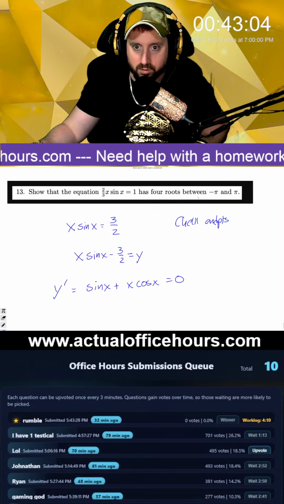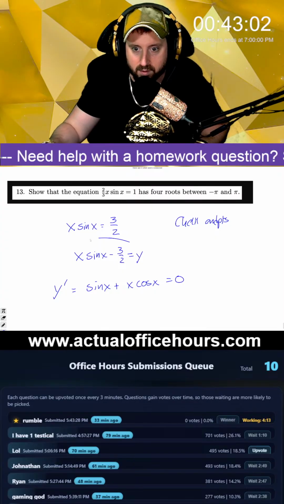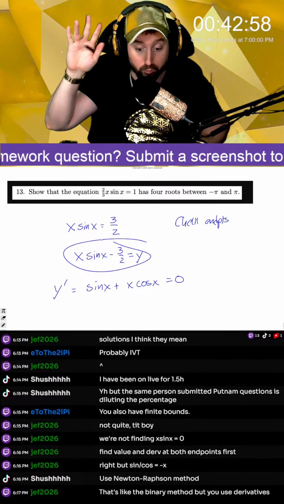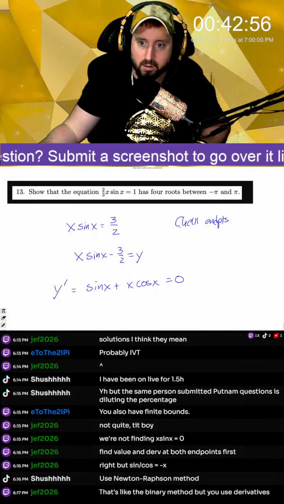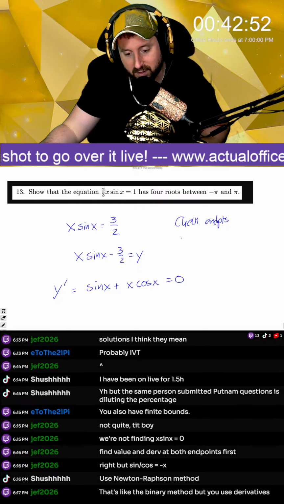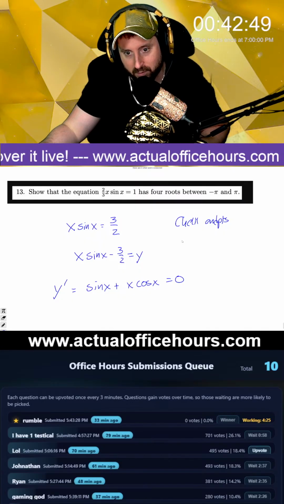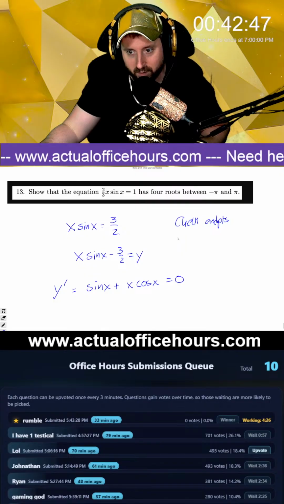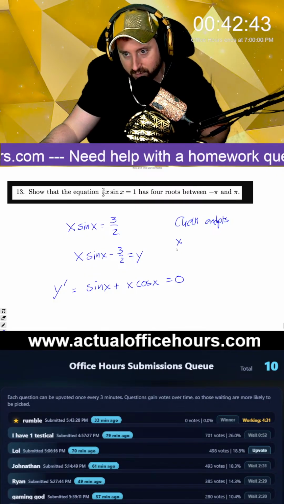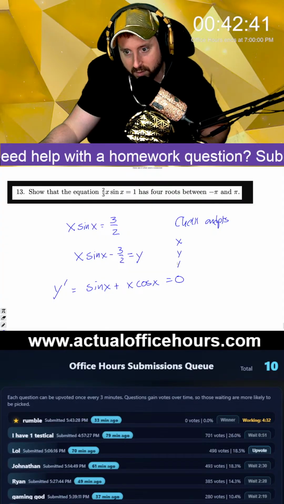Okay. So let's say this is equal to y, because essentially what I'm doing is I'm solving for the roots of this. So at negative pi, sine of negative pi is 0. So you have negative pi. All right, let me say x, y, and then y prime.